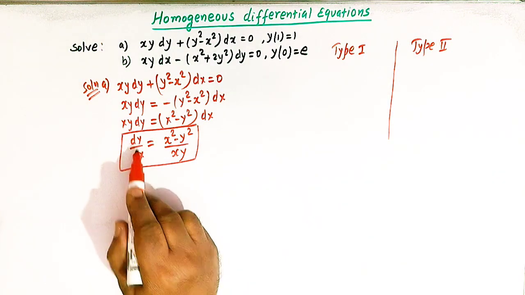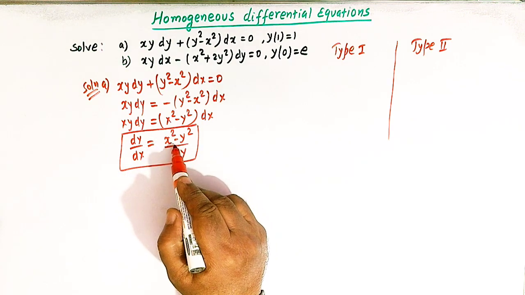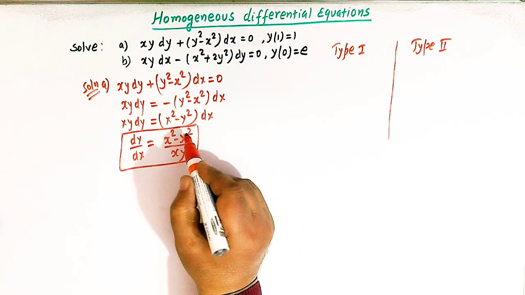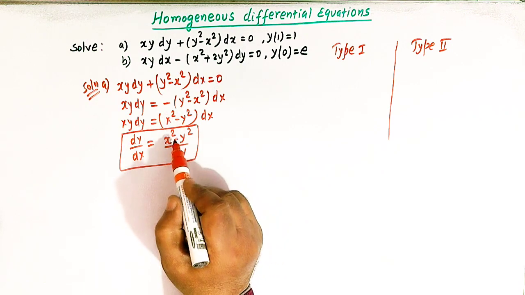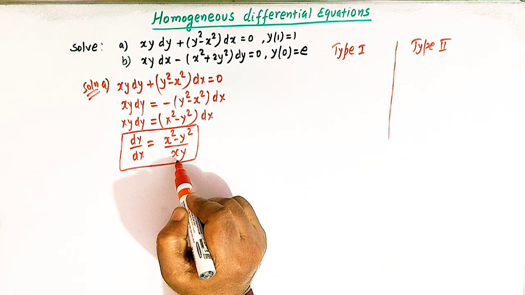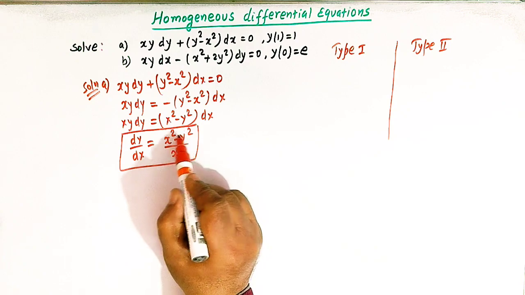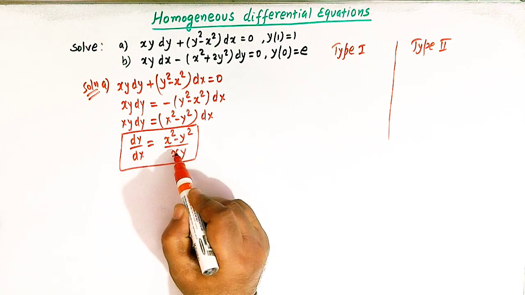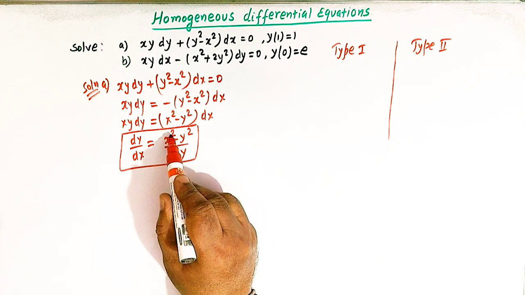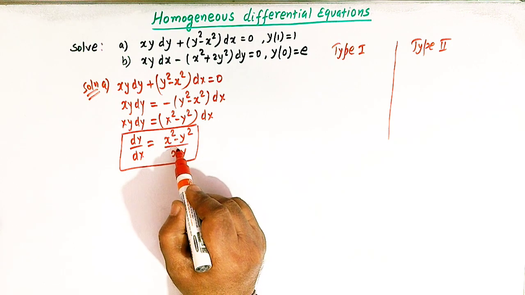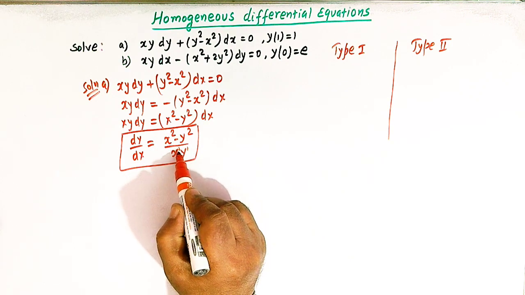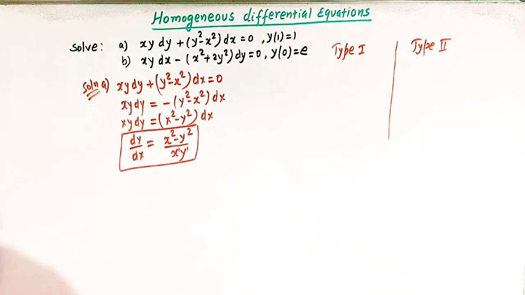So here we have dy over dx is equal to (x square minus y square) over xy. Now we can see that the numerator and denominator both have degree 2, right? The degree of the numerator is 2 and the degree of the denominator is 2, because here we have 1 and here we have 1, so this is 1 plus 1, 2.